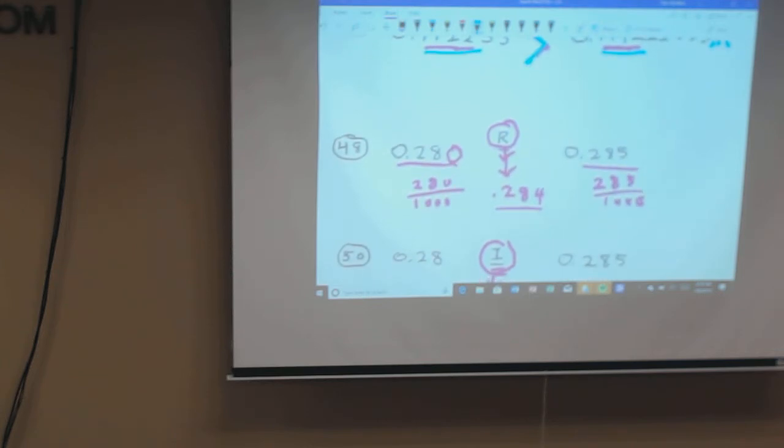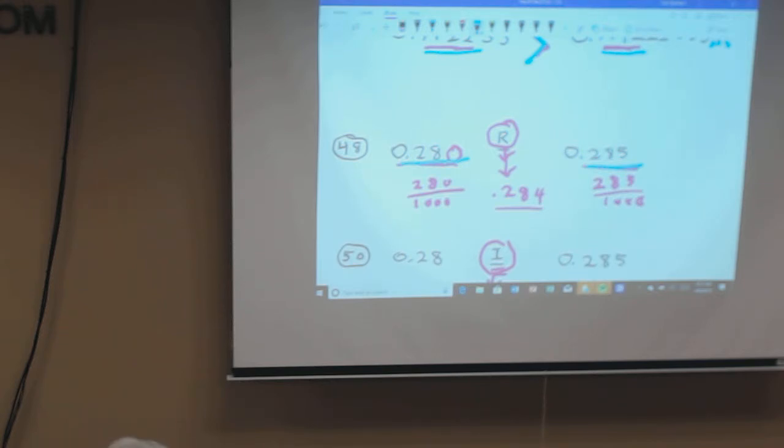Number 48. Find a rational number between 0.28 and 0.285. Okay, here's how you do these. You add a 0 to 0.28 and make it 0.280, and that way you can compare it to 0.285 and then just pick a number in between. 0.281, 0.282, 0.283, 0.284.